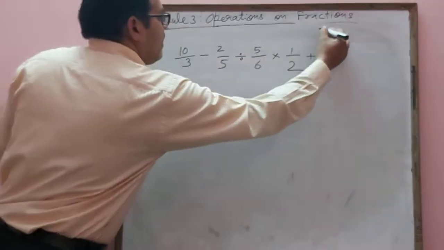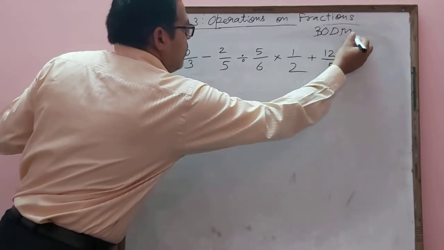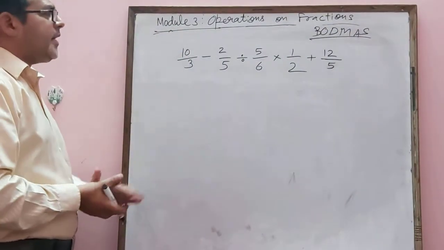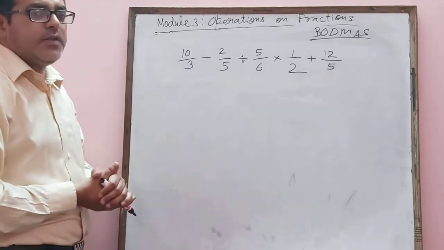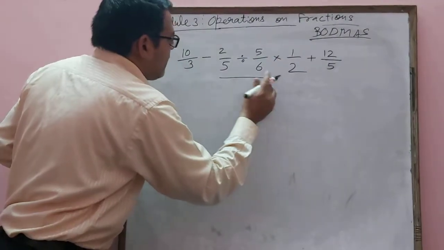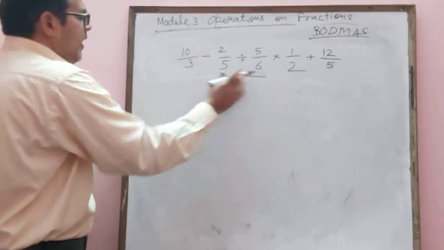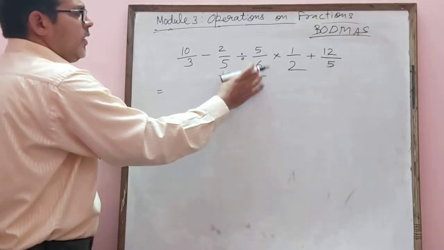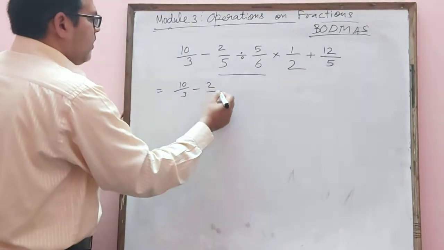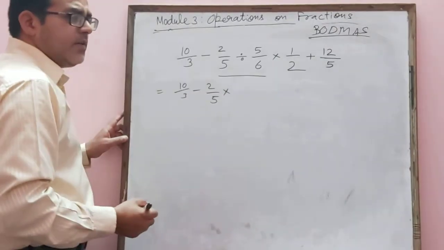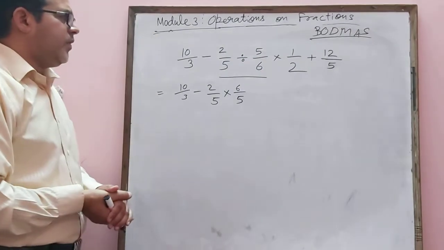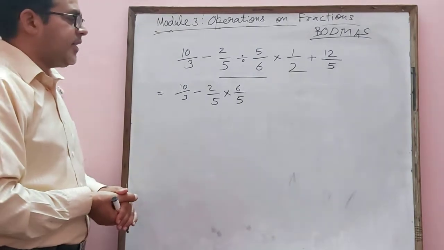Now how can we solve this? With the help of BODMAS we will solve it. Brackets and orders we are not taking in this session. So we will start with division. Where do we have division? Here. So first you need to perform this operator. We multiply by the reciprocal of the divisor 5 by 6, which we write as 6 by 5.